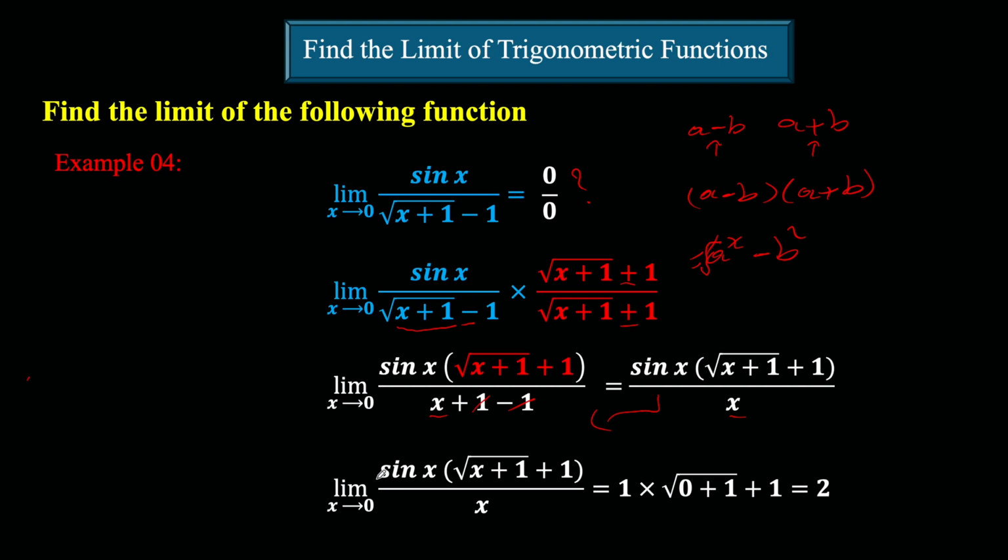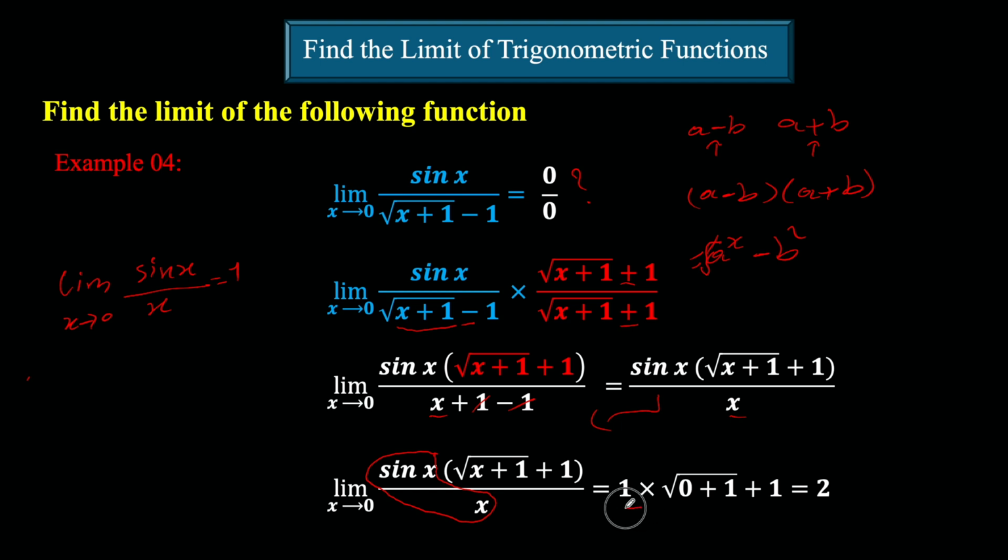So we find the limit as x approaches 0 of sine x multiplied by the square root of x plus 1, over x. We already saw that the limit as x approaches 0 of sine x over x is equal to 1, right?